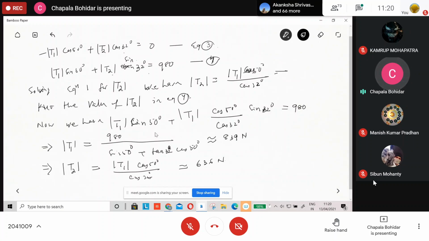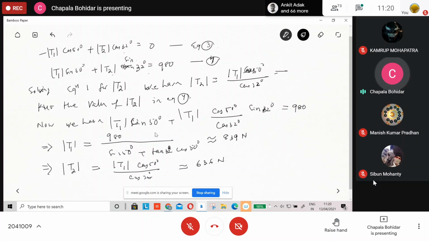So we already got the magnitudes of the tensions T1 and T2: 839 Newton and 636 Newton.